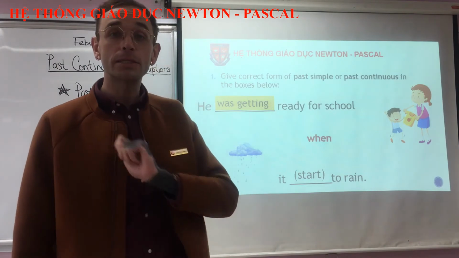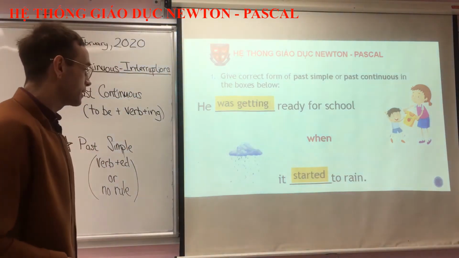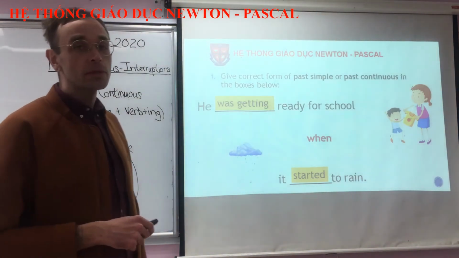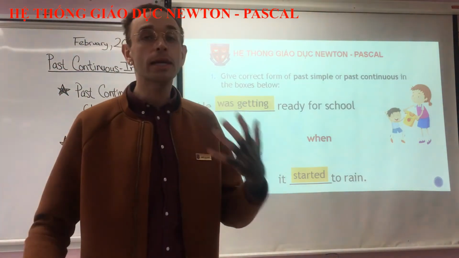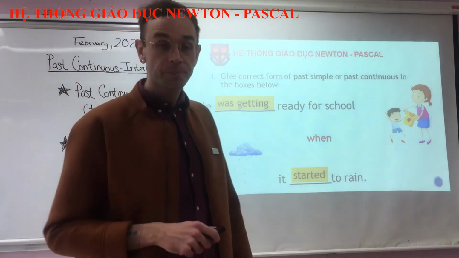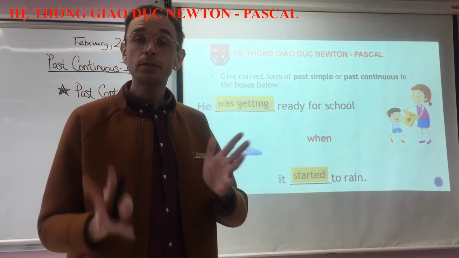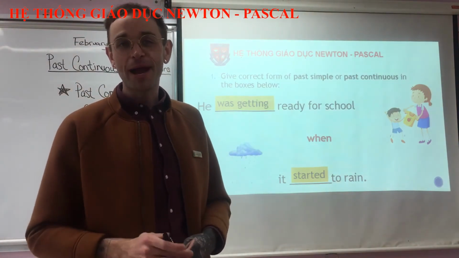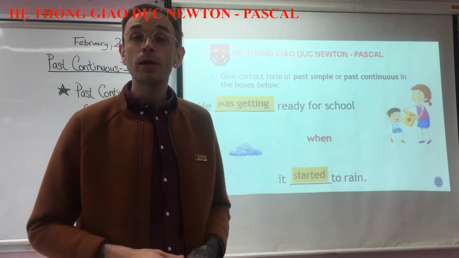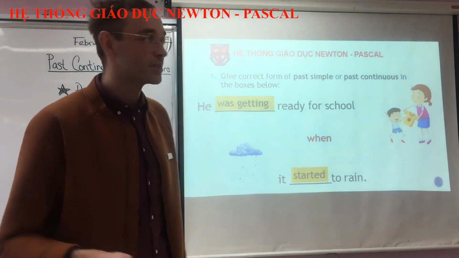That's right, start is regular. So start becomes started. And we don't need to double the T, we don't need to do anything extra, we just add ed to the end of the verb. Did you get those answers too? Great job. If you didn't, don't worry, that's why we're doing these practice exercises. So we can all learn and get better together. Okay, let's move on to the next exercise.